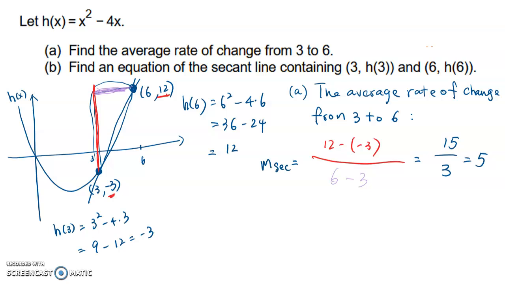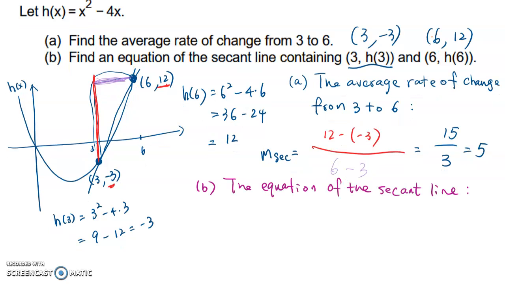Well, this information will help us to solve the b part. Find the equation of the secant line containing 3, h of 3, and 6, h of 6. We already know the two points are 3, negative 3, and 6, 12, right? We just calculated what h of 3 and h of 6 are.